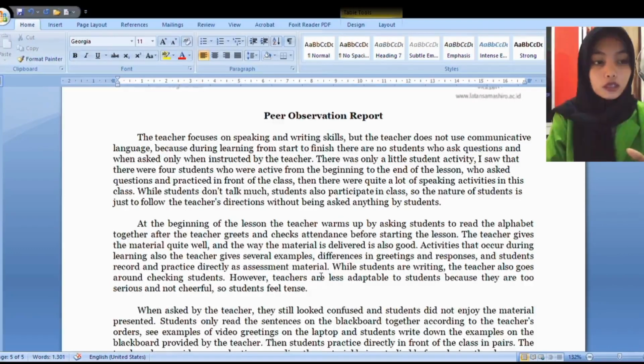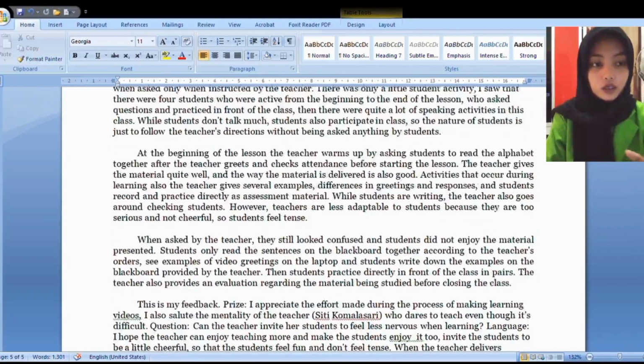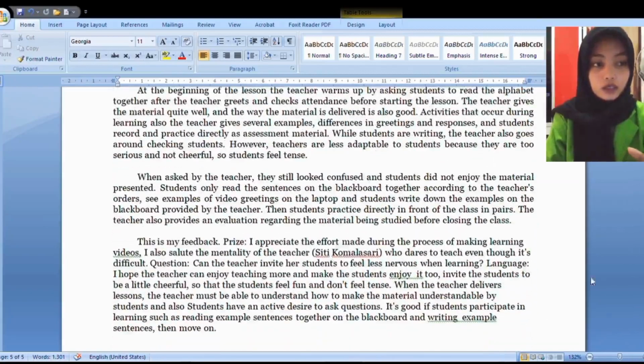While students are writing, the teacher also goes around checking students. However, the teacher is too serious and not cheerful, so students feel tense. When asked by the teacher, they still look confused and students did not enjoy the material presented.